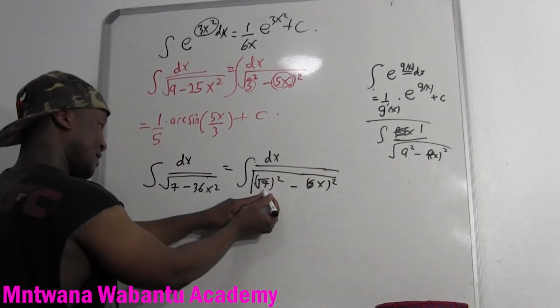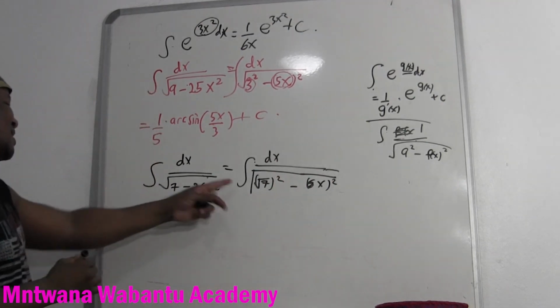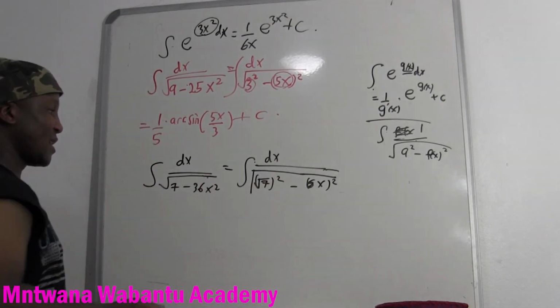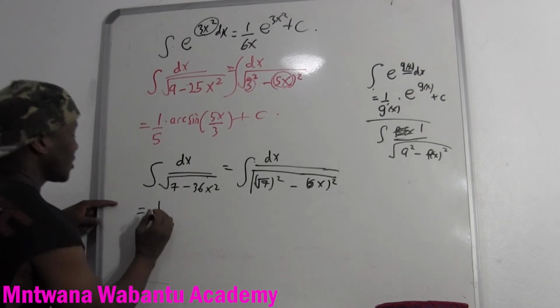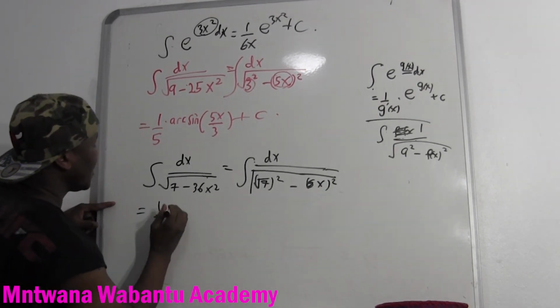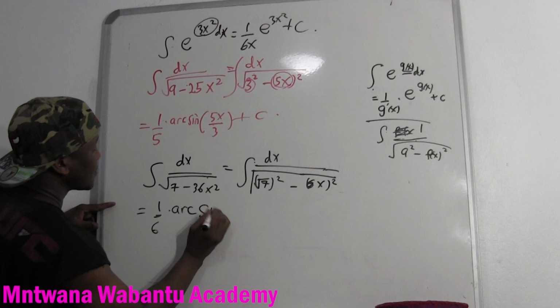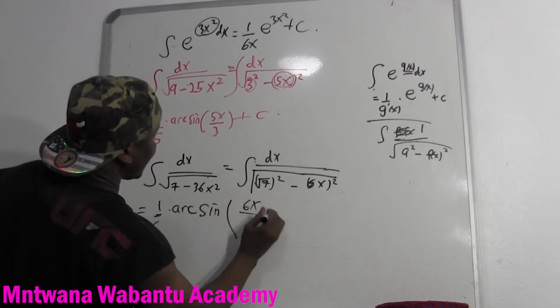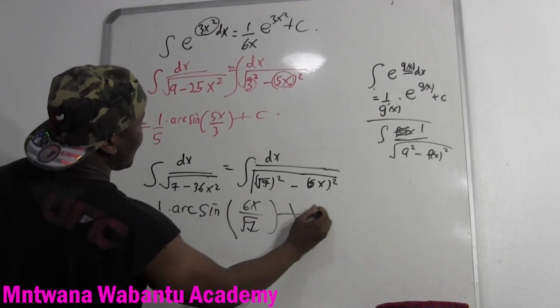That's why I wrote the square root of 7 squared, because it's still 7. So this is going to be 1 over, differentiate 6x, which gives you 6, and then arc sine of 6x divided by the square root of 7 plus constant.